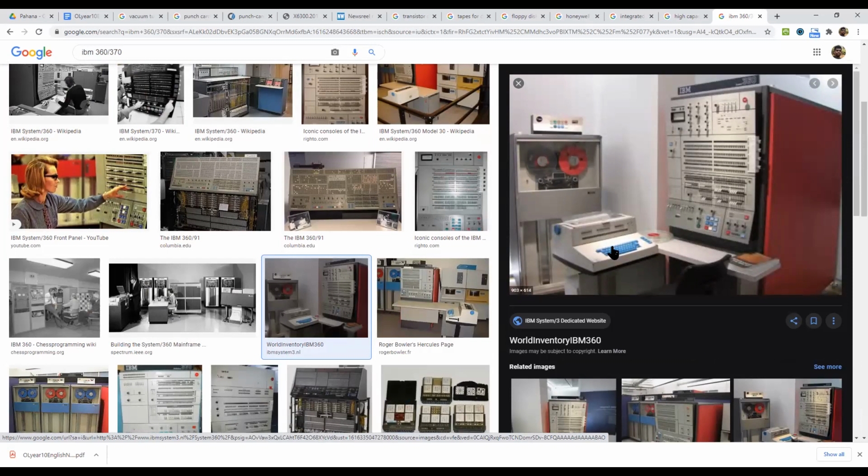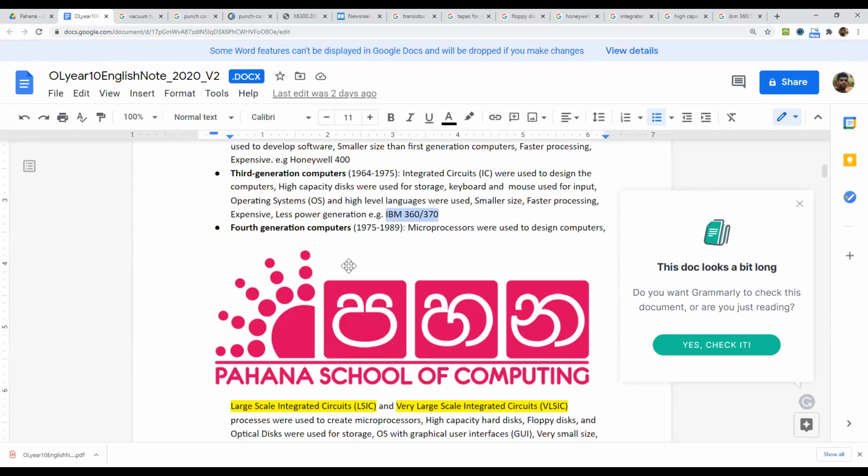This is the tape drive, and this was the keyboard, right? This is what we have used there to enter anything inside the computer, right? So that's about the third generation computers.